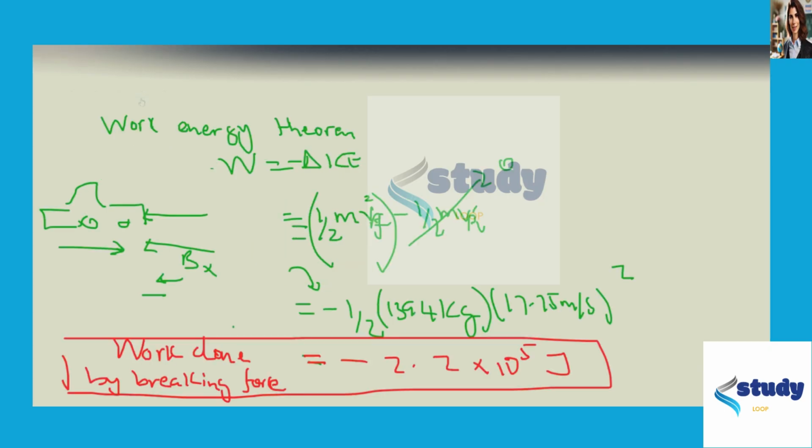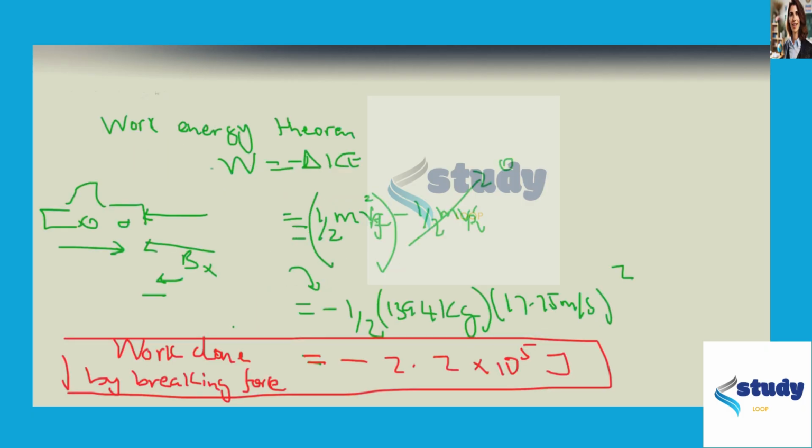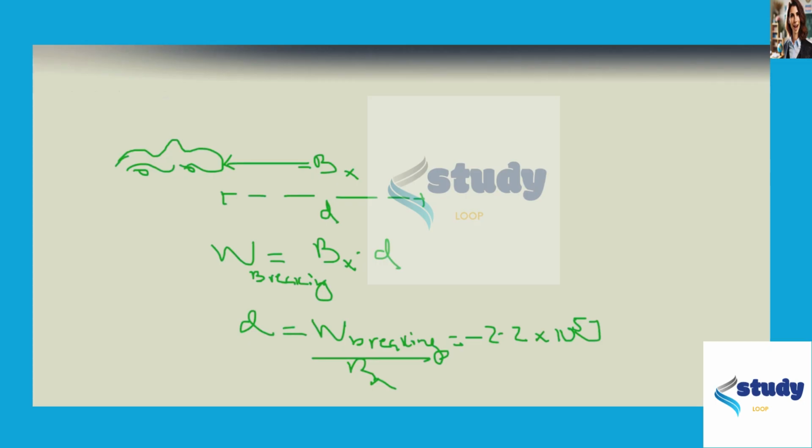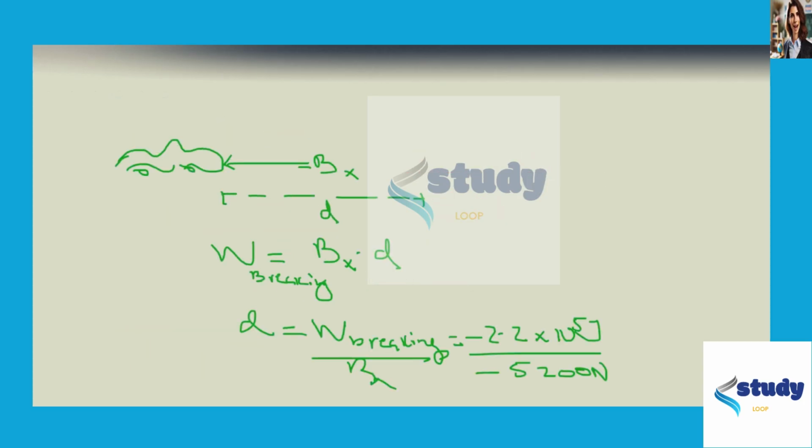In the previous slide, the work done by the braking force was negative 2.2 times 10 to the 5 joules. And then we divide that by the braking force, which is negative 5,200 newtons, and that ends up giving us the displacement or the distance that we wanted.